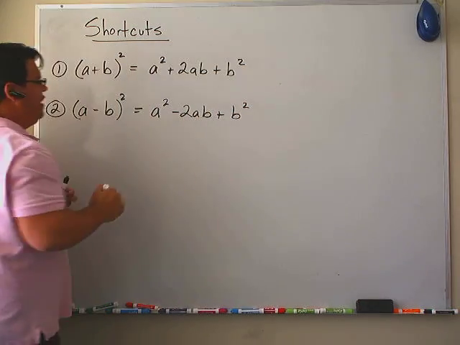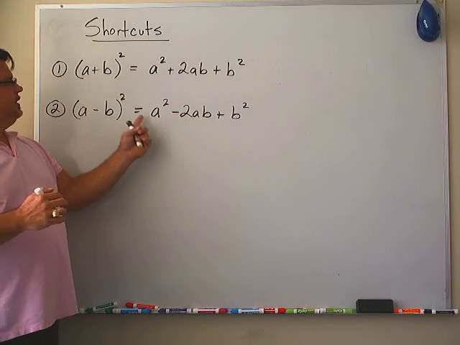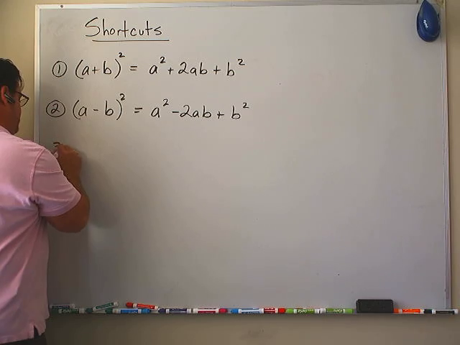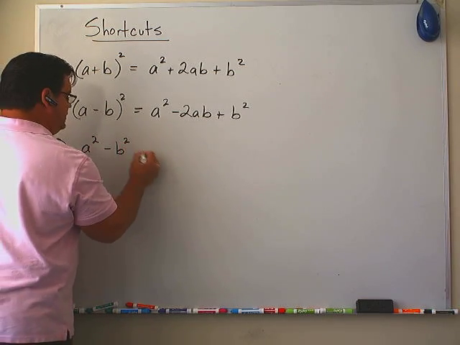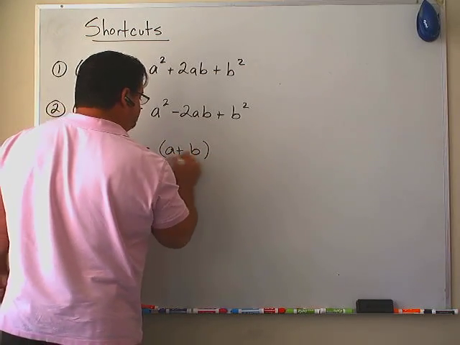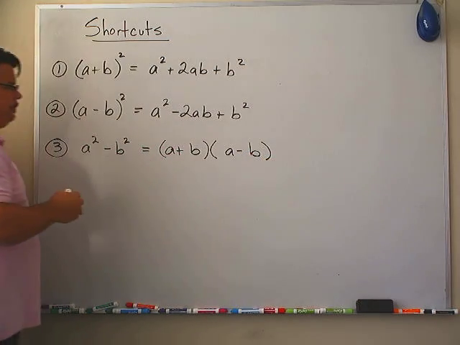They're essentially the same. All you do is the minus sign here goes there. Everything else is the same. Number 3 is a squared minus b squared, and that's equal to a plus b times a minus b.